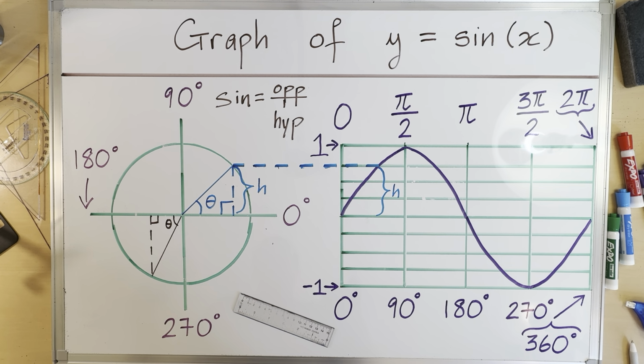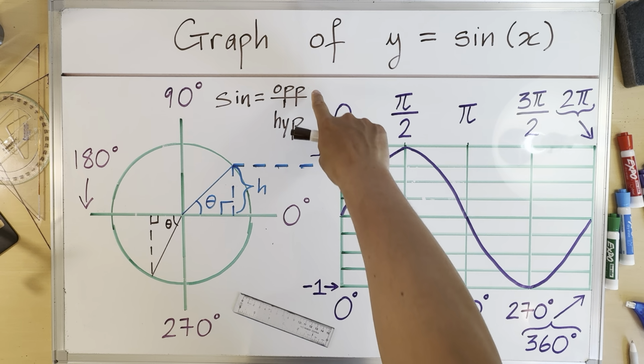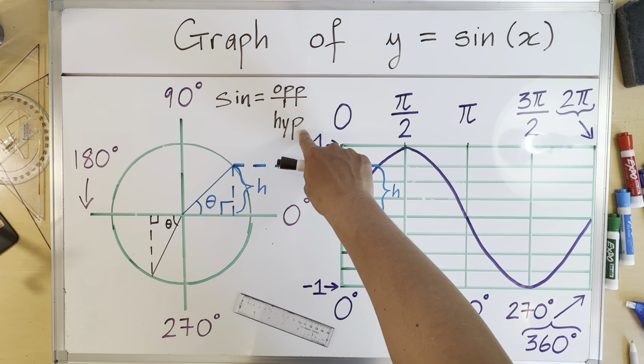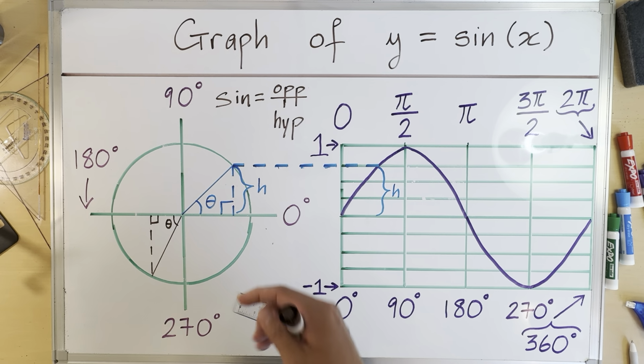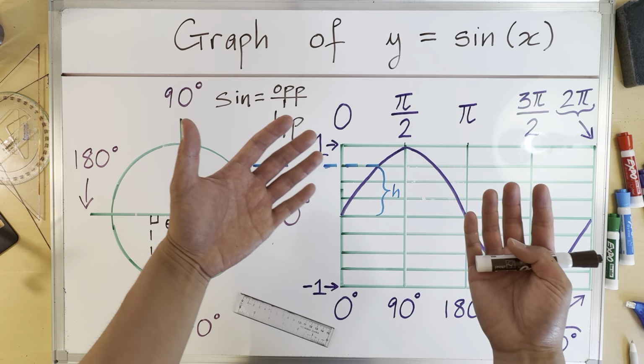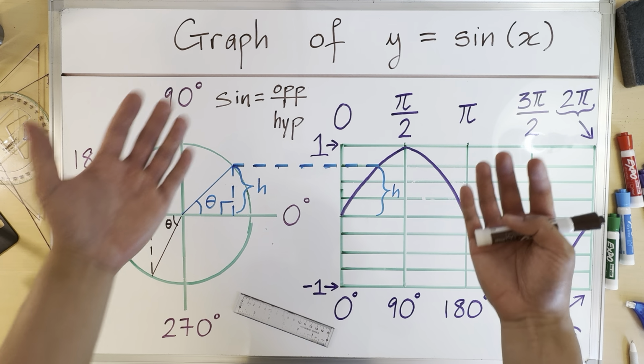So given the fact that the y value is negative, this opposite side is also negative. However, the hypotenuse is positive, and a negative number divided by a positive number produces a negative number.